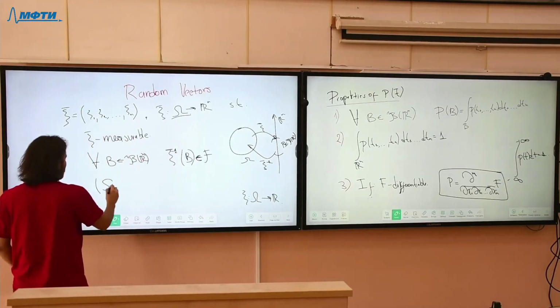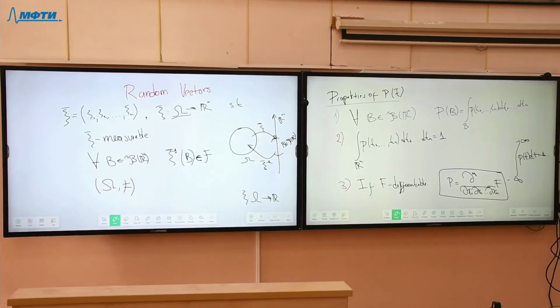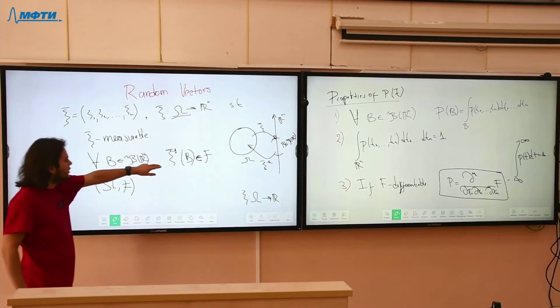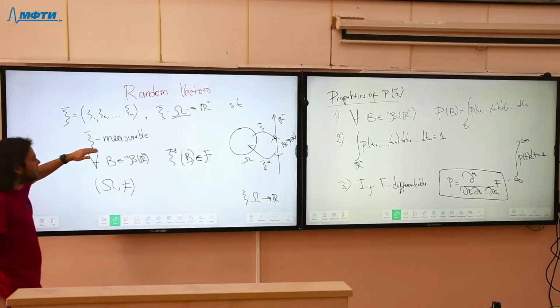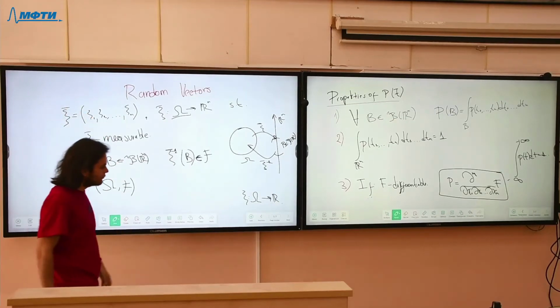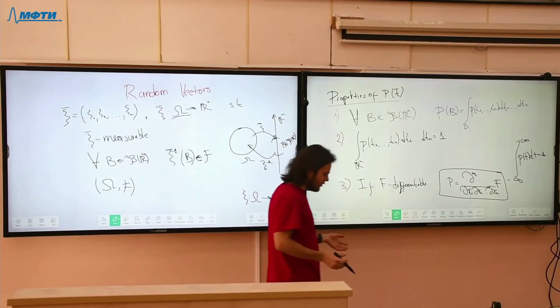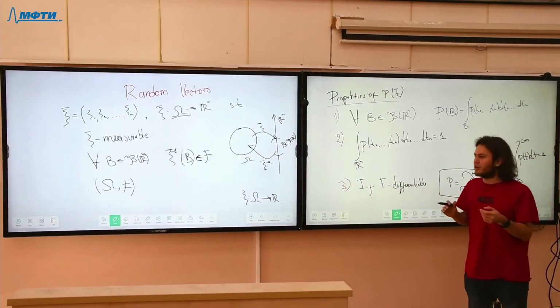So in that case, we have a measurable space omega F. So if this function is such that this is true, then we call this a measurable function, and we can call this a random vector. So a random vector, in the same way as a random variable, is just a function.